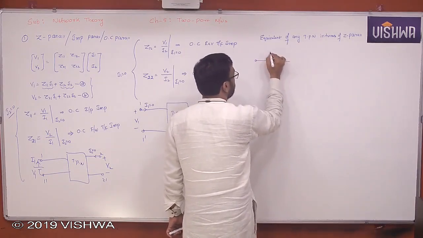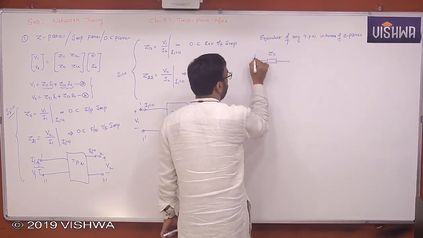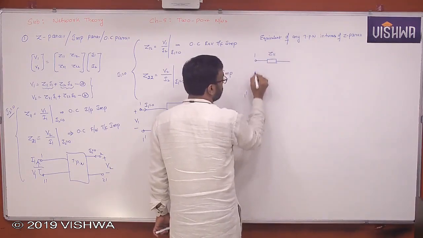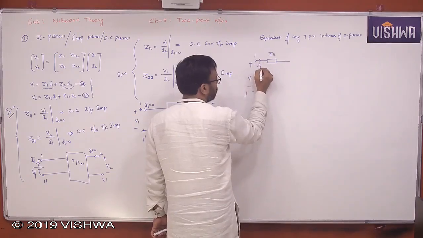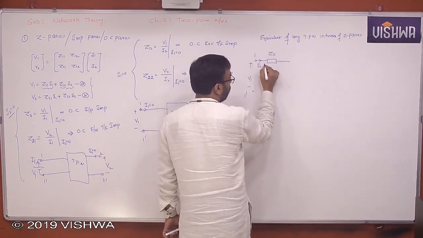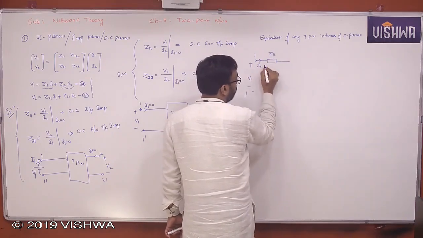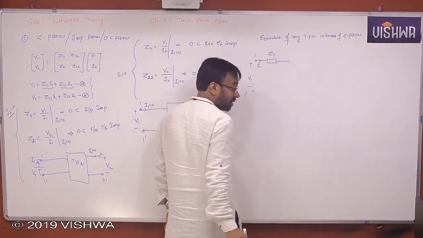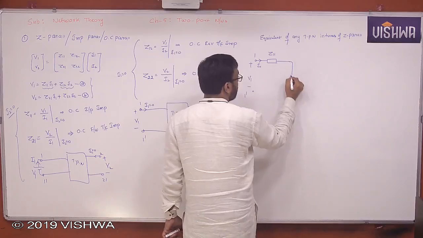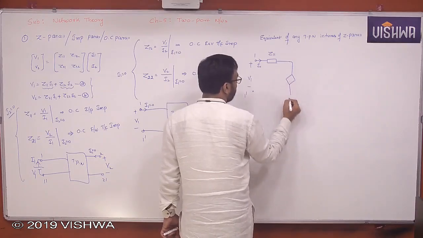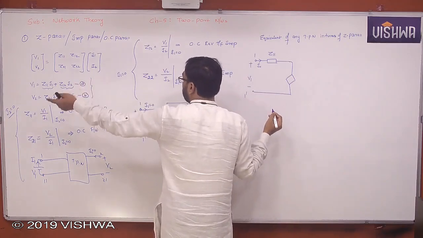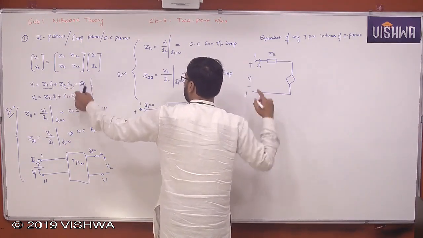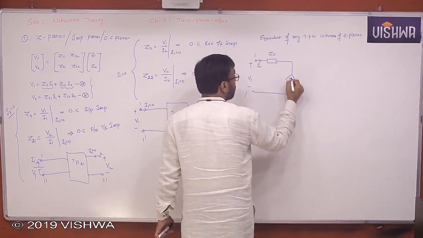This is Z11, 1 and 1 dash. Obviously this is V1. Obviously this is I1. So Z11 into I1 will give what? What is the voltage? Z11 into I1, plus minus polarities. And now if I take the help of a dependent source, because this is I2 which is not related to the first port but it is related to the second port, therefore let me take the help of a dependent source.